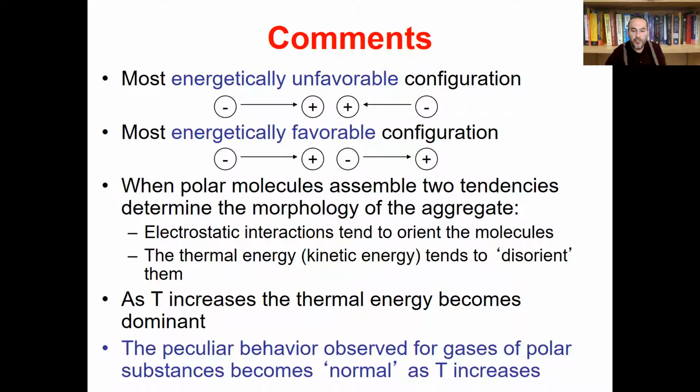Before coming to that, the most energetically unfavorable, thus unlikely, configuration is when you have like charges close to each other. That's very unlikely. The most energetically favorable and most likely configuration is where the opposite charges are close to each other, aligned such that they are close.